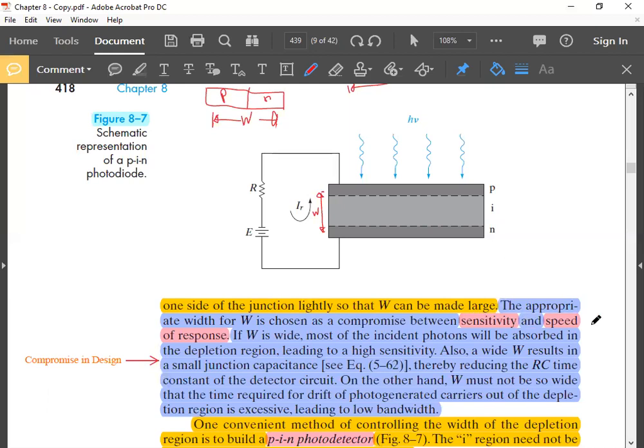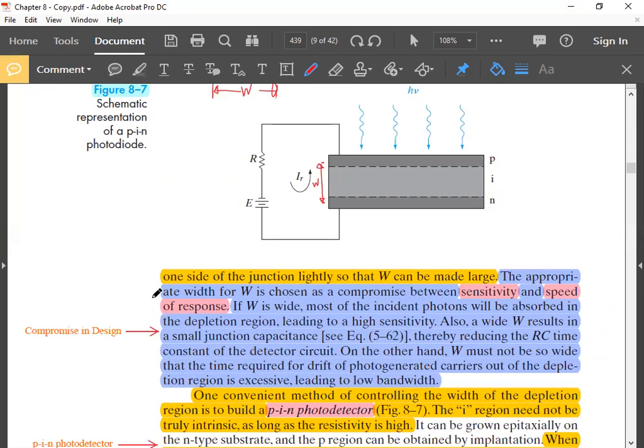So sensitivity and speed of response are the two important figures of merit for a photodetector, but there has to be a compromise between these two because there are contradictory requirements for these two aspects. The appropriate width of W is chosen as a compromise between sensitivity and speed of response. If W is wide, most of the incident photons will be absorbed in the depletion region.